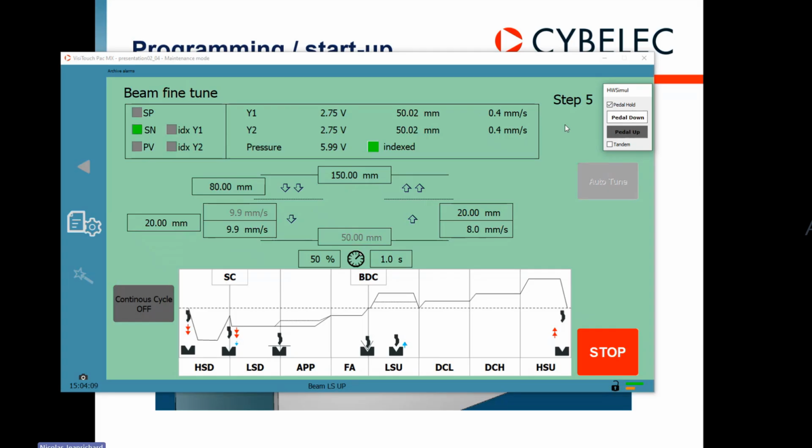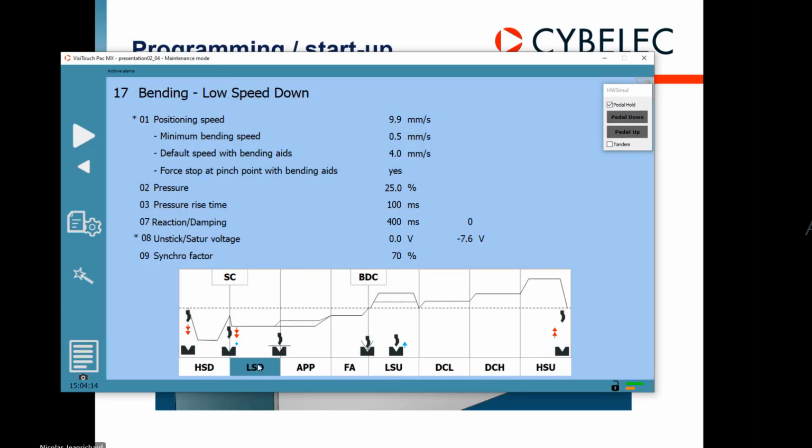If it's solved, then good. If it's not solved, then you go back to the low speed down and change the parameters again, then try to change other parameters. If you have vibration, if you have noise, if you have a loud bang, then you can check in this kind of parameters.